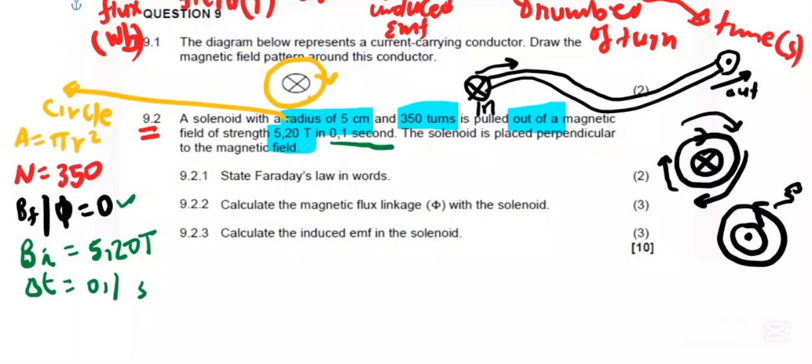Then they say a solenoid is placed perpendicular to the magnetic field.